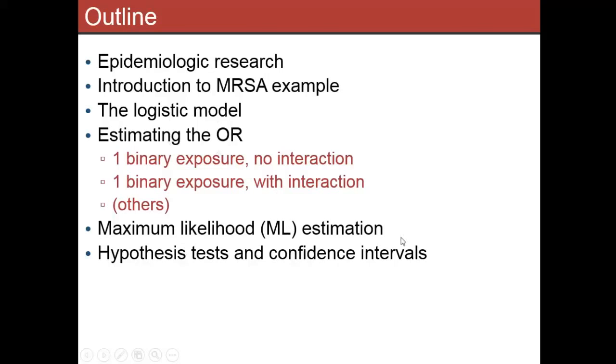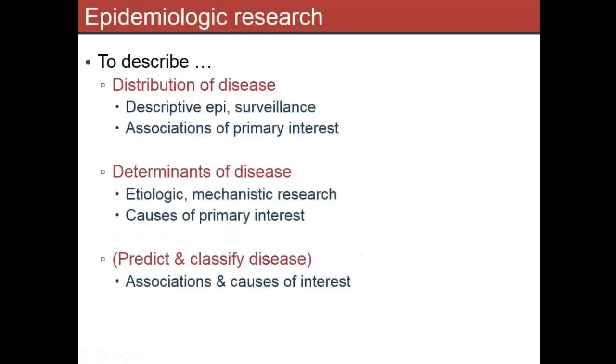And then we'll talk about some of the statistical machinery behind it and what you might do with it in terms of how the model estimates come about, which is the process of maximum likelihood estimation, and then hypothesis testing and confidence intervals. And we'll probably barely get here today. We'll have to finish this up on Tuesday. But that's okay, we've got time.